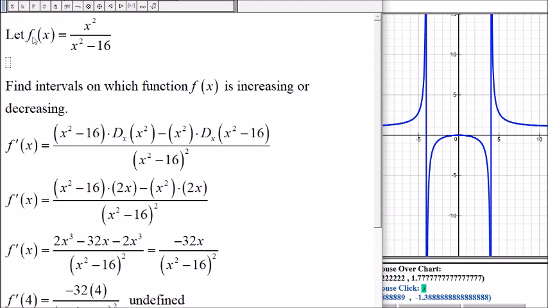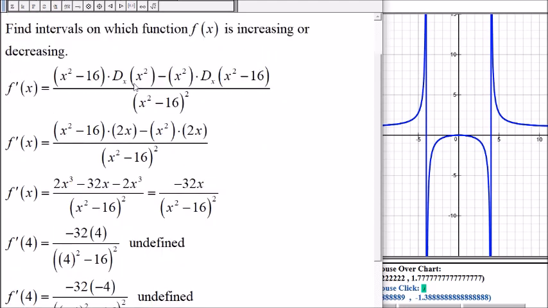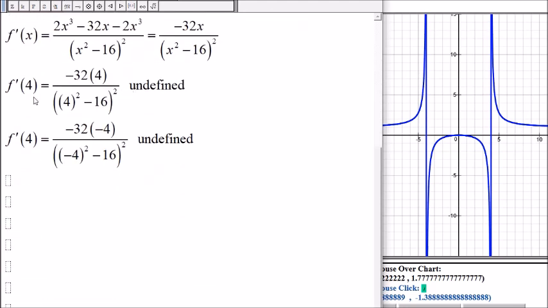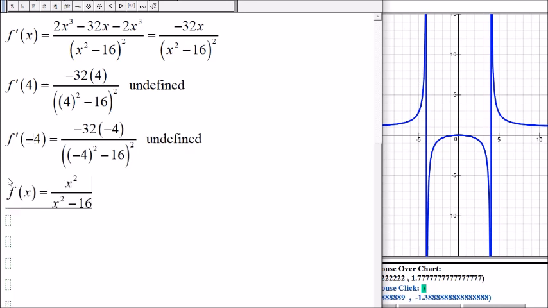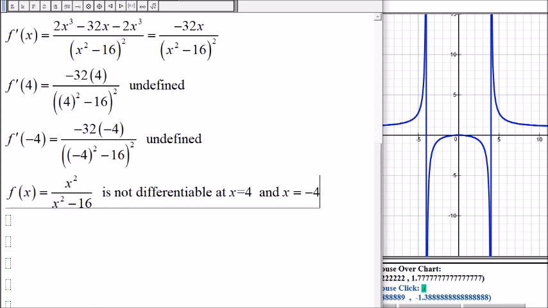And so again, when the derivative is undefined at 4 and negative 4, then we say that this function right here is not differentiable at x equal to 4 and x equal to negative 4.